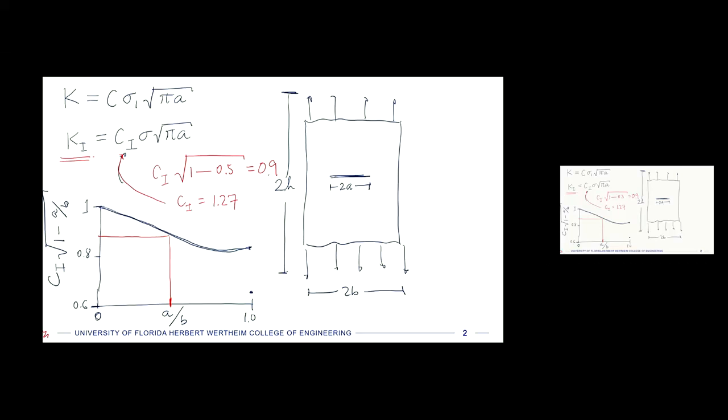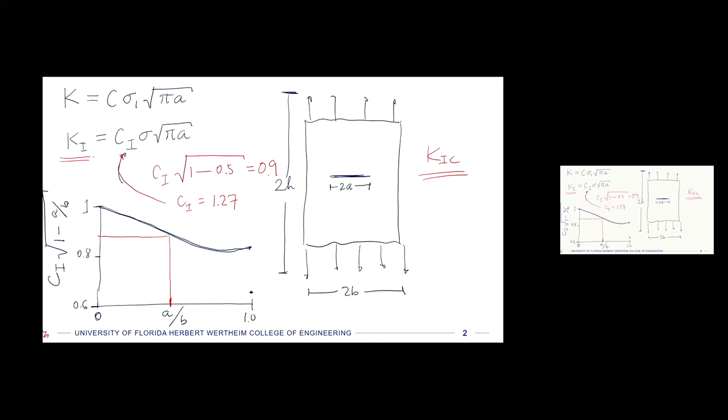Let me just think about that before I comment on it. So I believe anything that would be material dependent would be found when we're comparing with the critical fracture toughness for a given material. These are only the geometric effects that we expect at the continuum level, right?